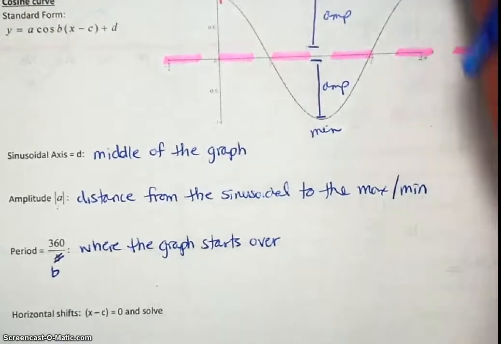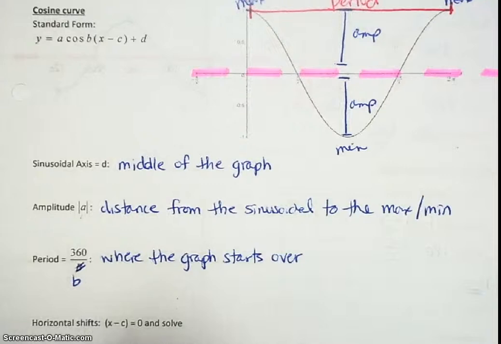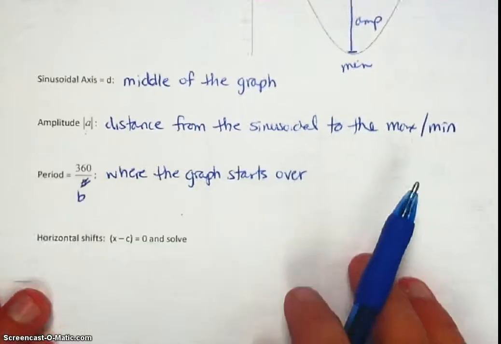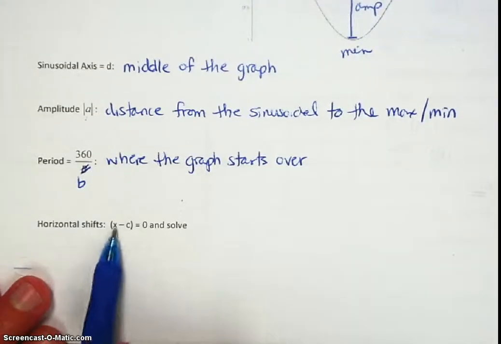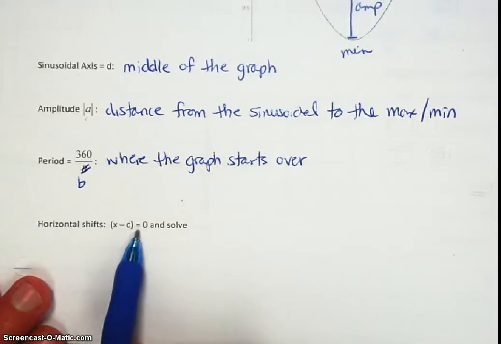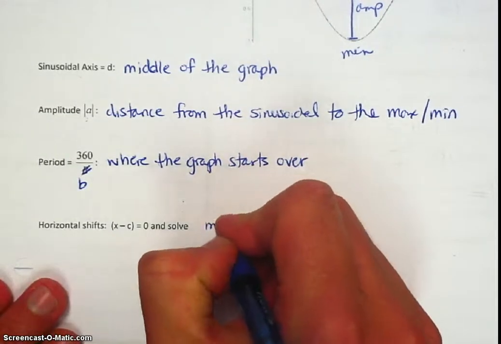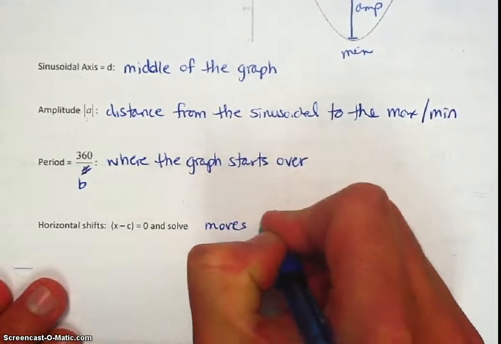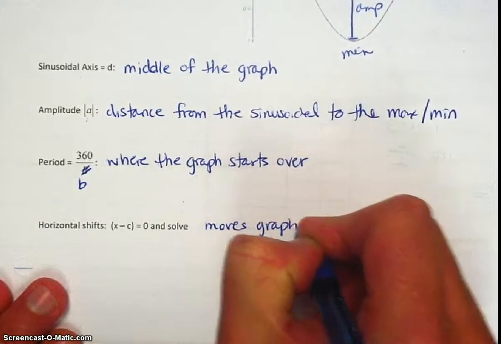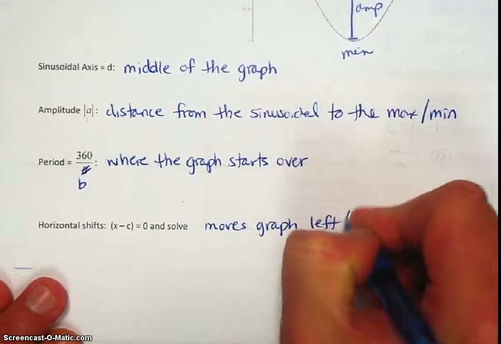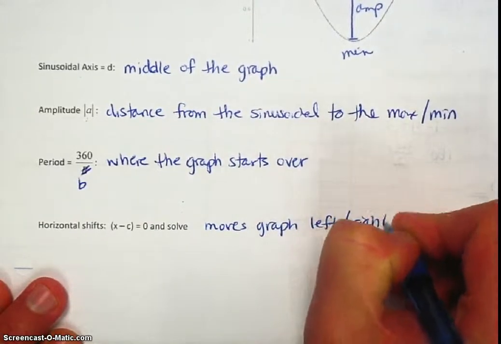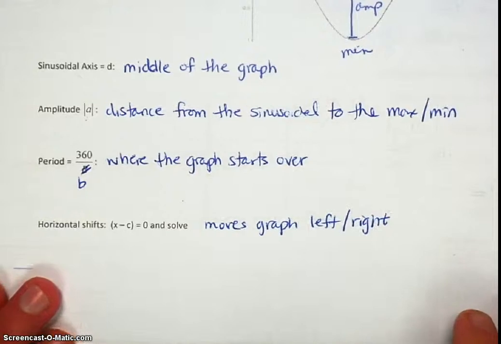For your horizontal shifts, it's written down on your sheet. It says you take x minus c equal to 0 and you solve it. Now what a horizontal shift does is it moves the graph left or right.